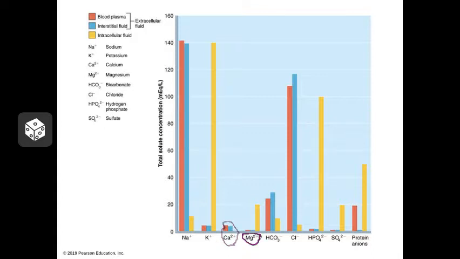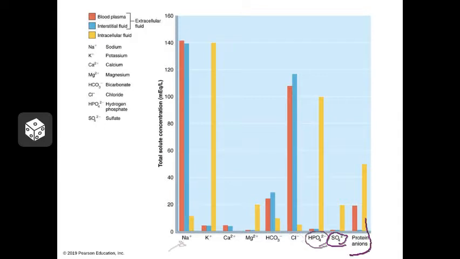Magnesium, low outside of the cell, higher inside. Bicarbonate ions, this is going to be important for us to know at the end of this chapter. We see many more bicarbonate ions outside of the cell than inside. The same is true for chloride. Remember, where sodium goes, chloride goes. Phosphate is higher inside the cell, as are sulfates.